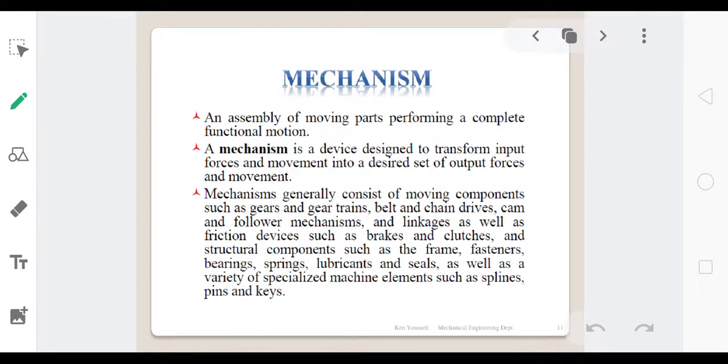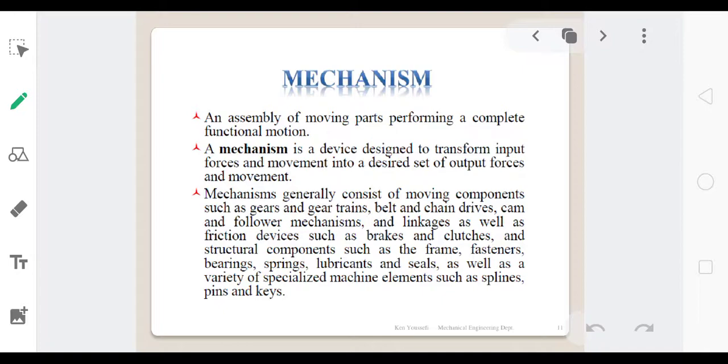That type of joint, which allows relative motion between two components, is called a moving joint. So a mechanism is an assembly of interconnected moving joints, and because of that the motion is possible.